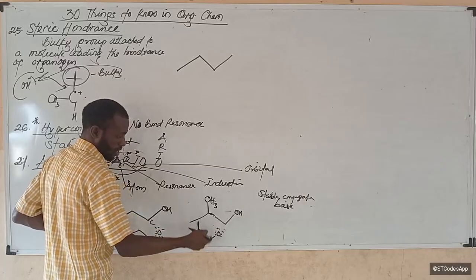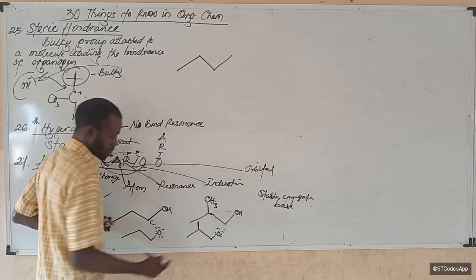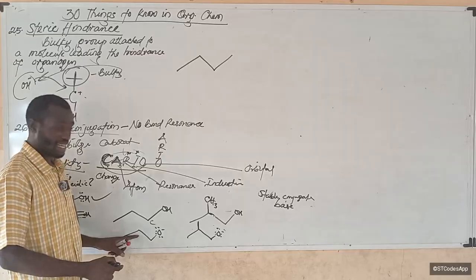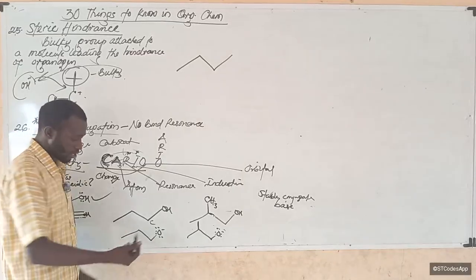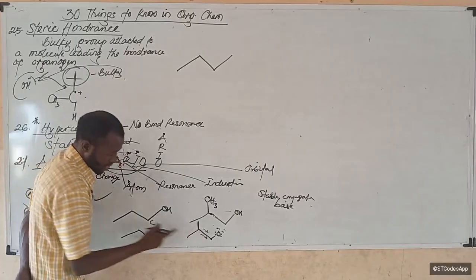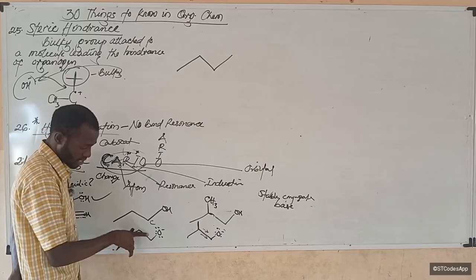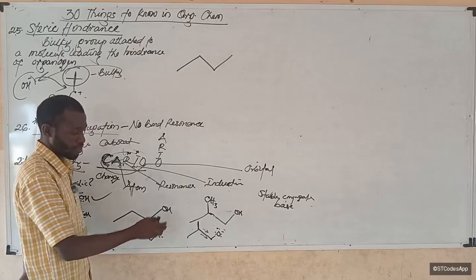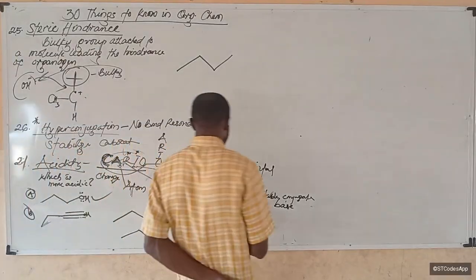Do you understand now? Unlike this one that doesn't have any group donating more electron density. Because here there is too much electron density donated and here there is not so much, this one is more stable, and because of that, it's more acidic.